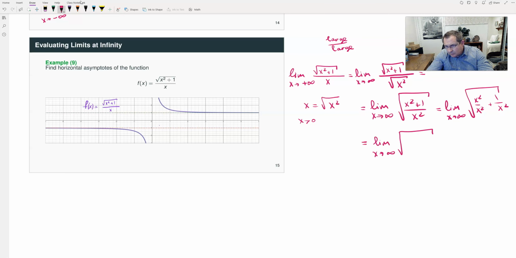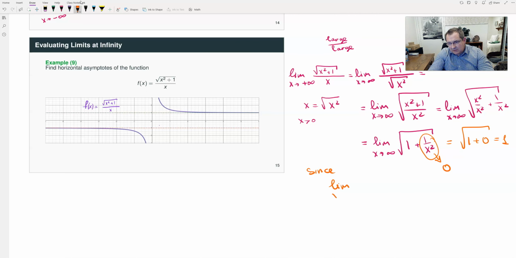So we'll have x squared cancels x squared. We have 1 plus the fraction 1 over x squared. Okay, we are ready to conclude the value. When x goes to infinity, we know that 1 over x squared will go to 0. Therefore, we are looking at 1 plus 0 equals 1.